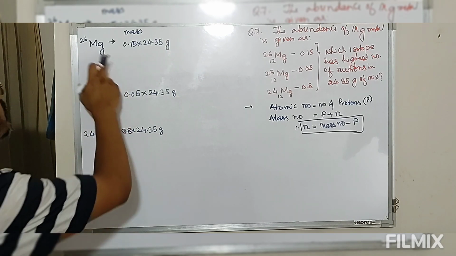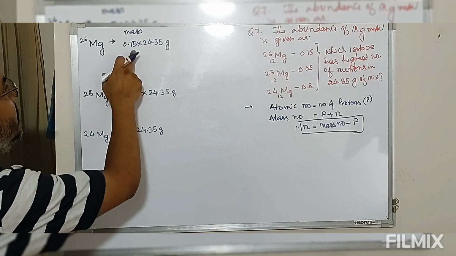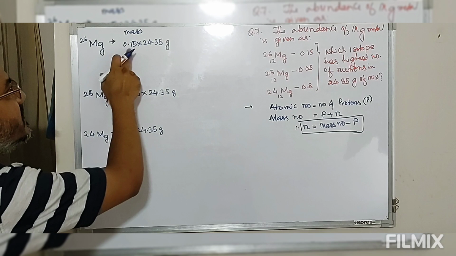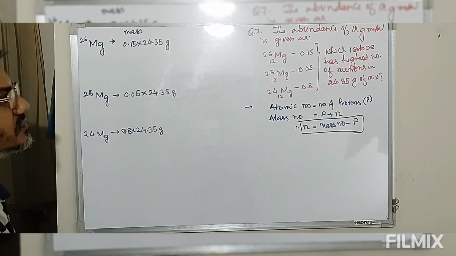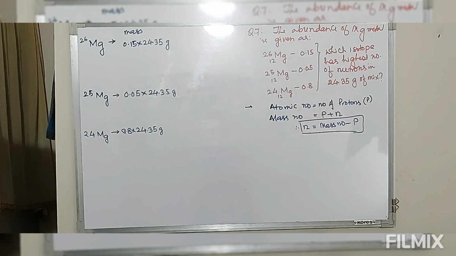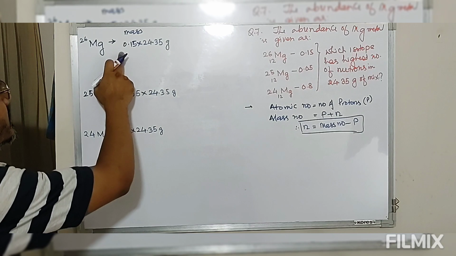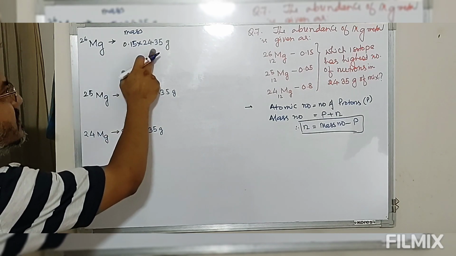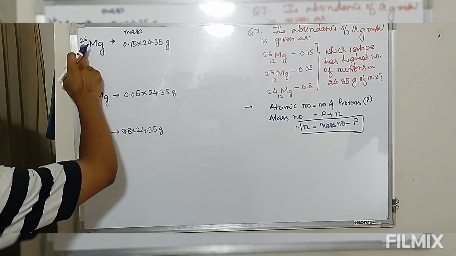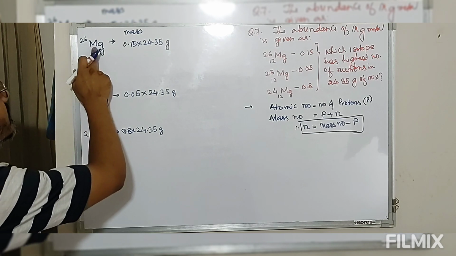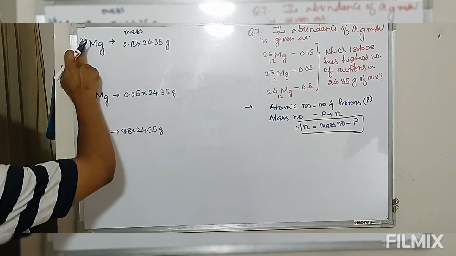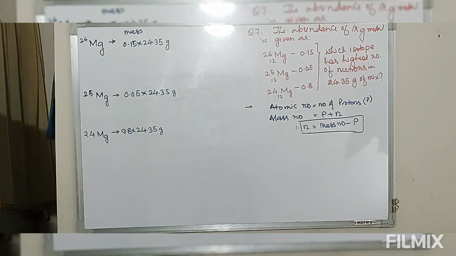Now this is the total mass of magnesium, so this must be the mass of some gram atoms. So we can find the number of gram atoms or the number of atoms. The mass of one magnesium is 26 u. Now we have to find how many gram atoms.